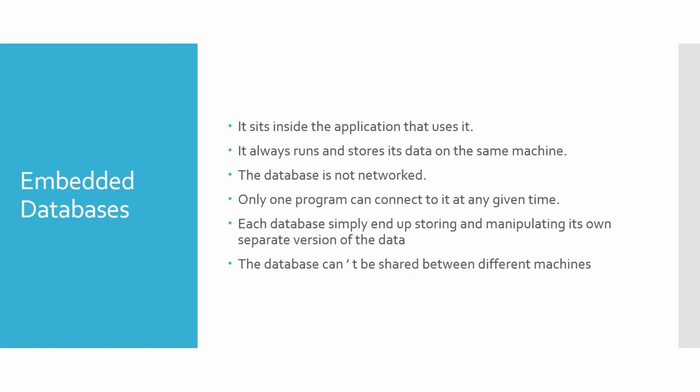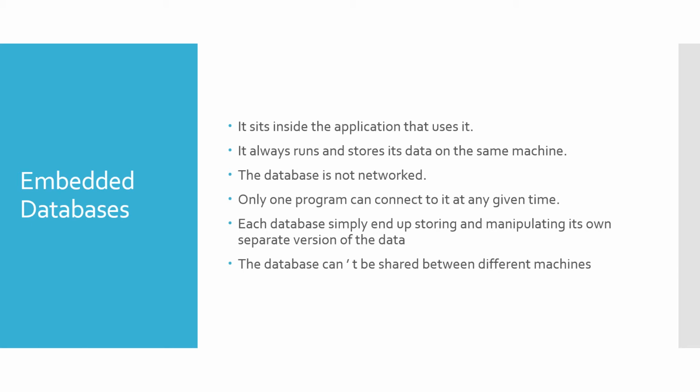Embedded databases. An embedded database engine, as its name implies, sits inside the application that uses it, which means it will be PHP in this case. Therefore, it always runs and stores its data on the same machine as the host application. The database is not networked and only one program can connect to it at any given time.